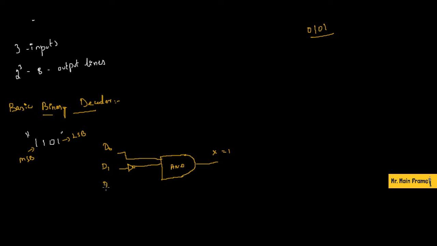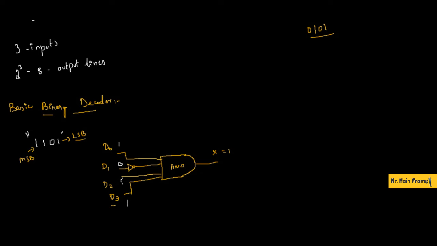The next will be D2, which is directly connected to the AND gate, and the last one will be D3, which is also directly connected to this AND gate. D0 is carrying the least significant bit and D3 the most significant bit. D0 is carrying 1, D1 is carrying 0, D2 is carrying 1, and D3 is carrying 1.